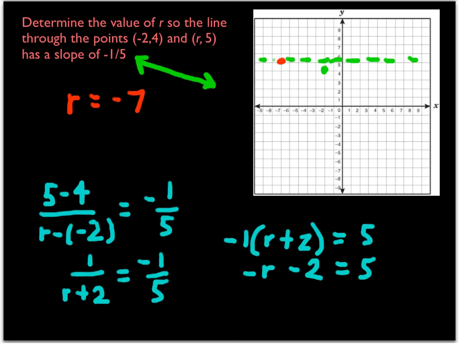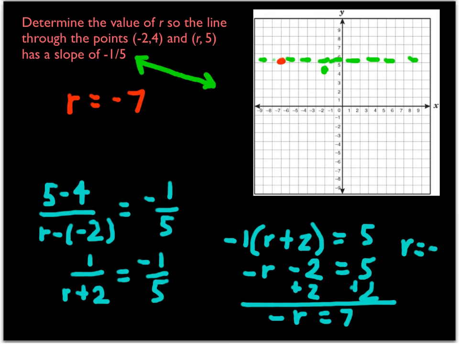Right? I'm going to add 2 to each side. And I'm going to get negative r equals 7. Well, if negative r equals 7, that means that positive r must be negative 7, like I came up with when I did it graphing wise. So that's just an algebraic approach to do that.